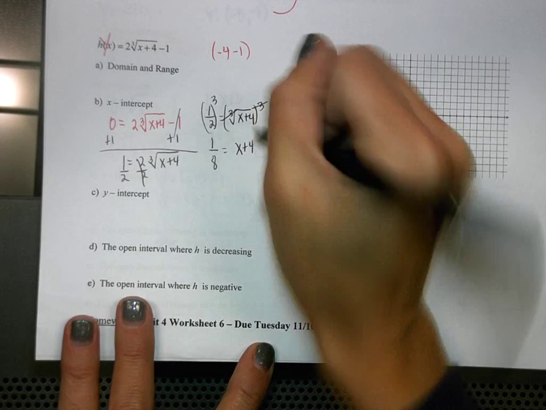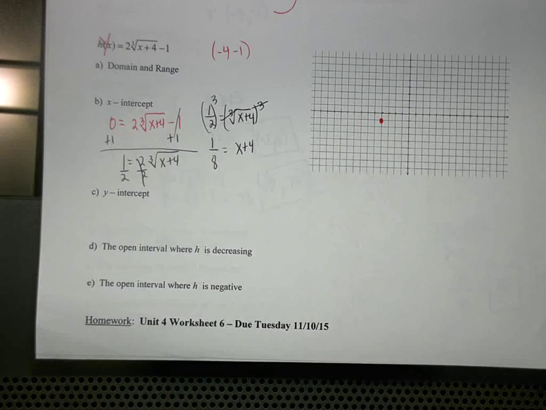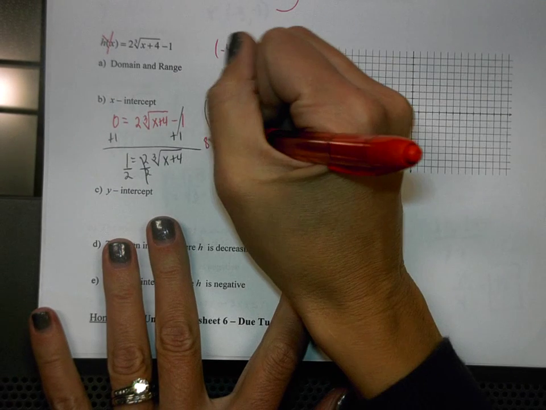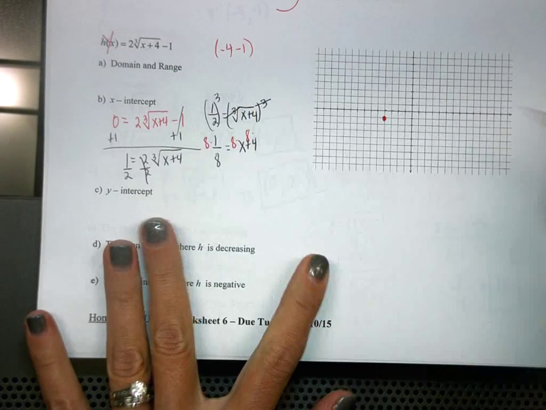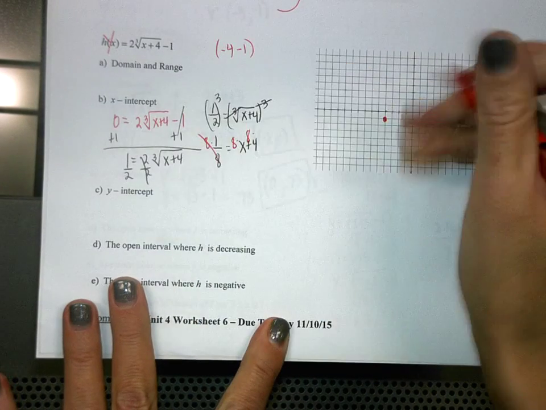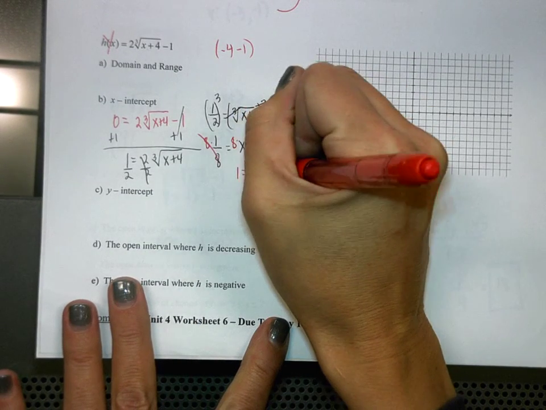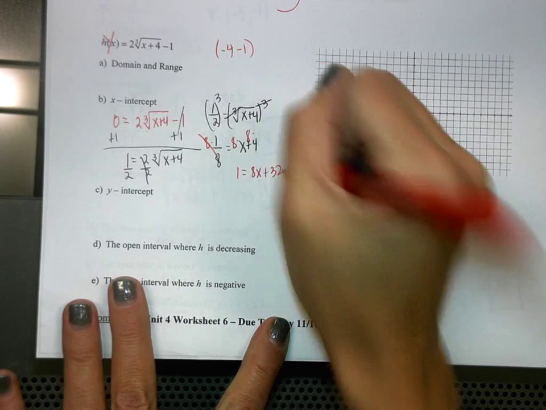Now, at this point, there's a couple ways of solving this. Most of you do not like fractions, so how can I eliminate the fractions? Good. So we can multiply each term by 8. You don't have to do it this way, but this might be the easiest. So these cancel. You have 1 equals 8x plus 32. And then what would you do now?